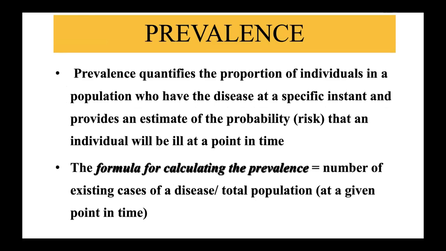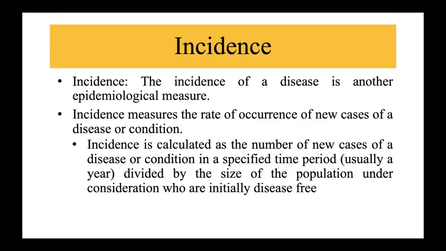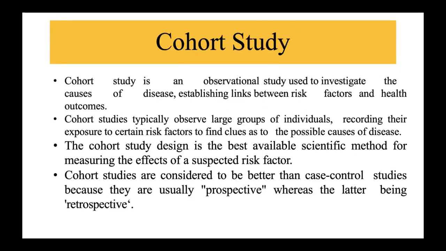The prevalence quantifies the proportion of individuals in a population who have the disease at a specific instant and provides an estimate of the probability or risk. Actually, the prevalence is going to show you the risk factor that the MBBS students face in 5 years from the first year to the final year. This is the formula. This is very simple to calculate. This is the incidence that we have.